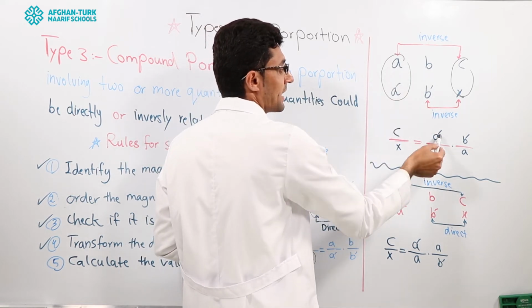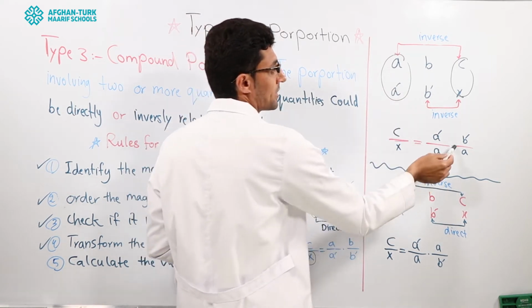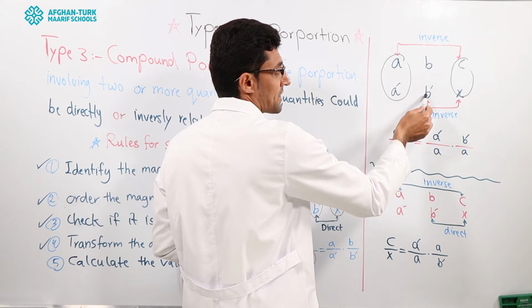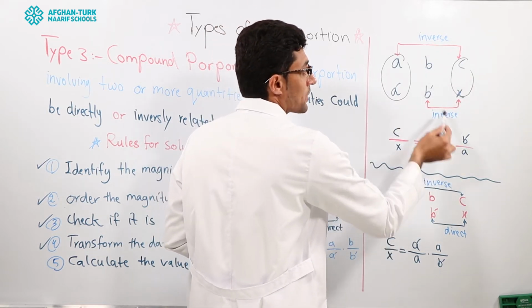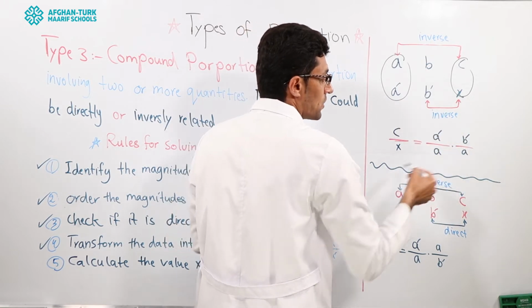We write inverse, A dash over A, multiply. B dash has inverse proportion with C and X. So I have to write B dash over B.